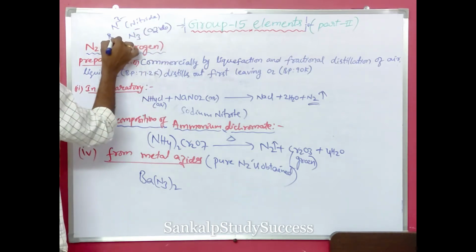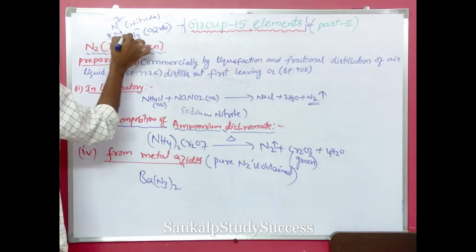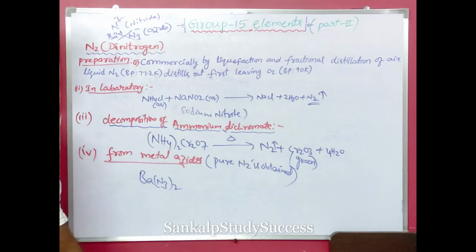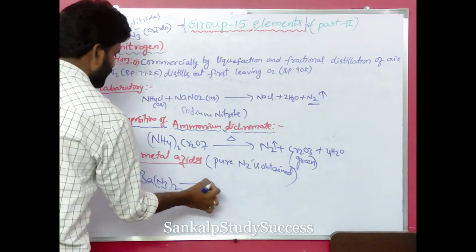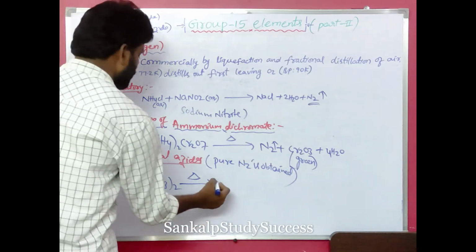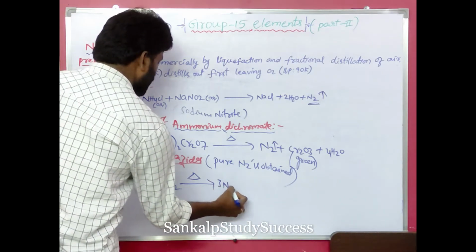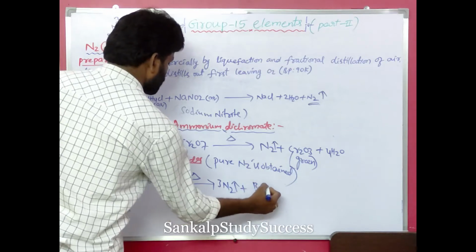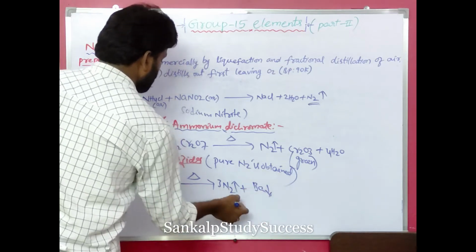If we take Ba2 plus, the formula is Ba(N3)2. This is barium azide, which on heating decomposes to give 3N2, nitrogen, and barium. The barium is a solid and nitrogen is a gas.